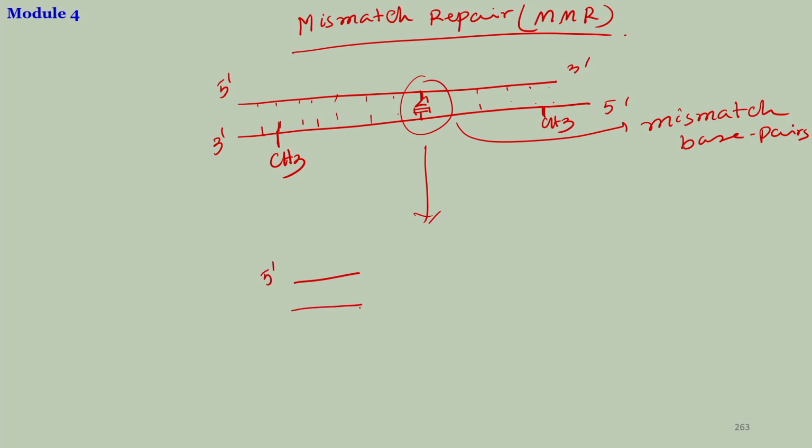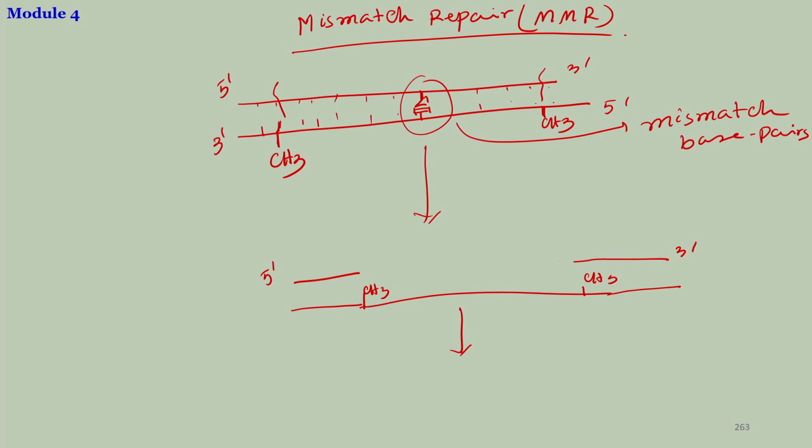Here is your methylated site, so here it will cleave. On the other hand, you have another methylation here, so it will cleave at this site, at the 3 prime, and you get an empty space. It makes one cut here, another cut here, and the whole chunk is out. So, you have a void that is created, and then it will be filled up.